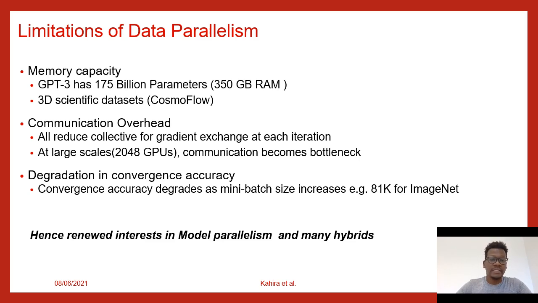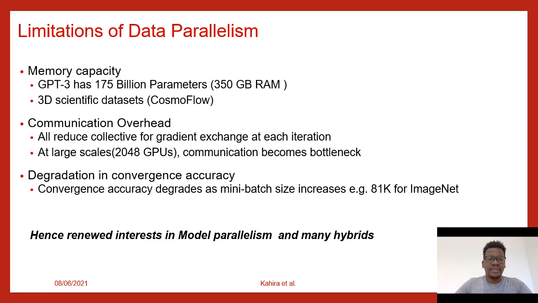It's not possible to replicate that in every GPU because we don't even have a GPU with that much memory capacity. Also, with 3D scientific datasets such as Cosmoflow, the data samples themselves are really, really big. Combine that with a relatively big model, and that does not fit into a single computing element. Therefore, it's impossible to use data parallelism in these kinds of scenarios.